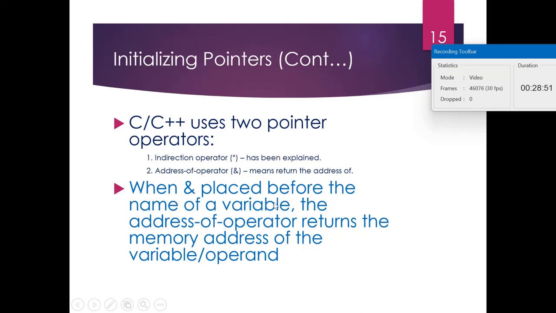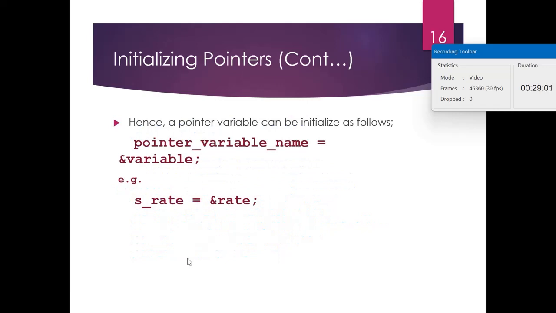When placed before the name of a variable, the address of operator returns the memory address of the variable. Hence, a pointer variable can be initialized as follows: pointer variable name, and here you know s_8 is a variable name and that is a pointer variable.